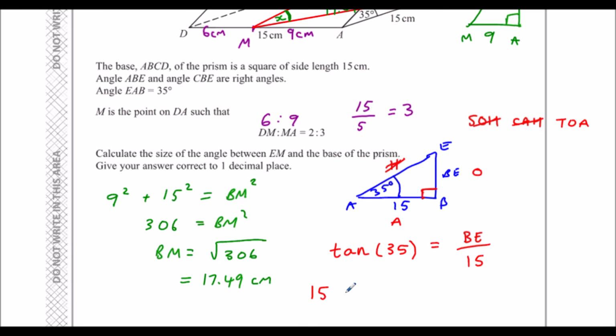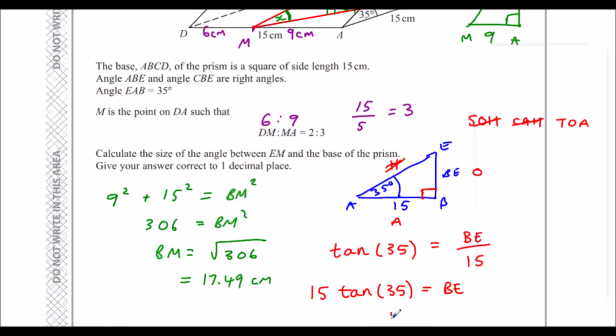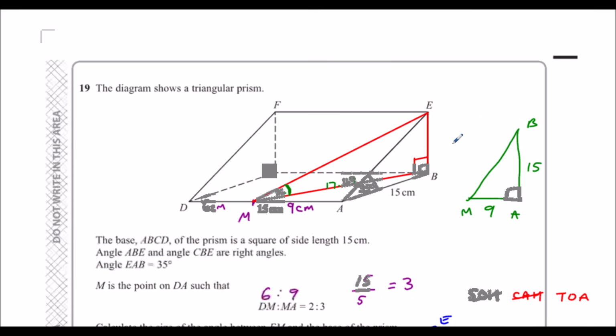So we've got 15 tan 35 is equal to BE. 15 tan 35 gives 10.50. I'm going to store that one as B. So BE is 10.50 centimeters.